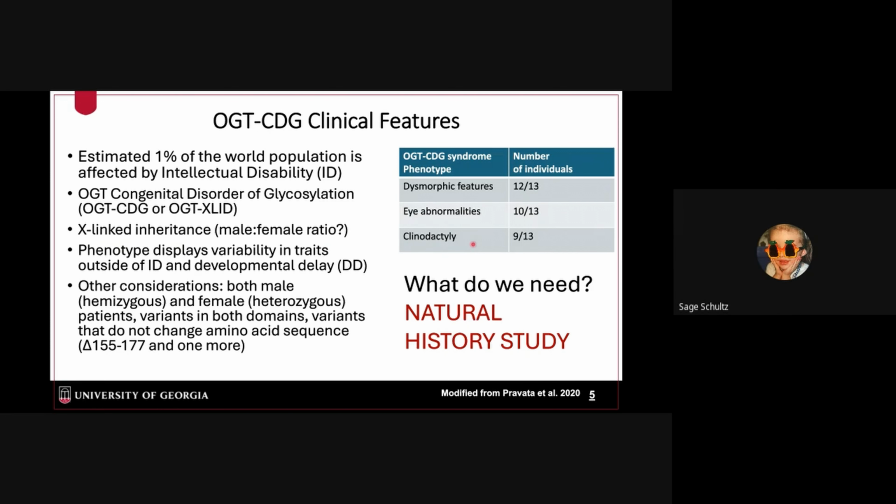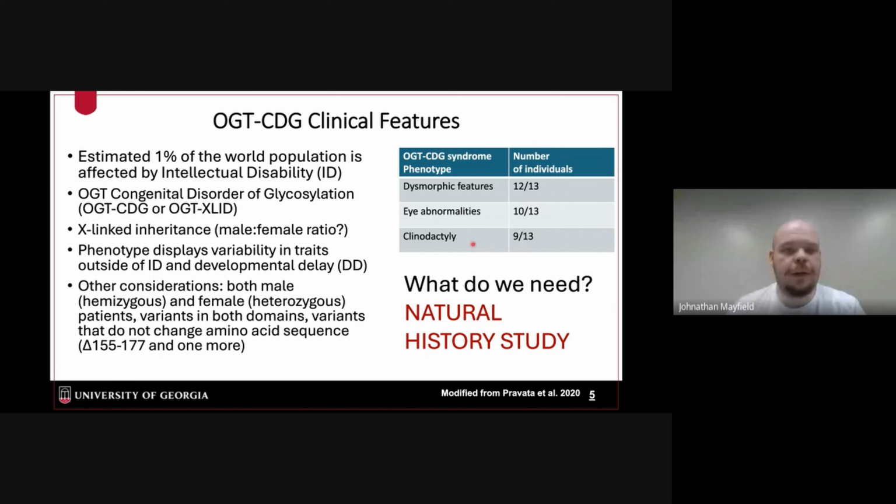Sage, go ahead. I did have one more question for you, about some of the mouse studies, especially considering the eye abnormalities. Have you looked into hypertensive issues with the brain in the mice? I don't think we have a mouse model yet.